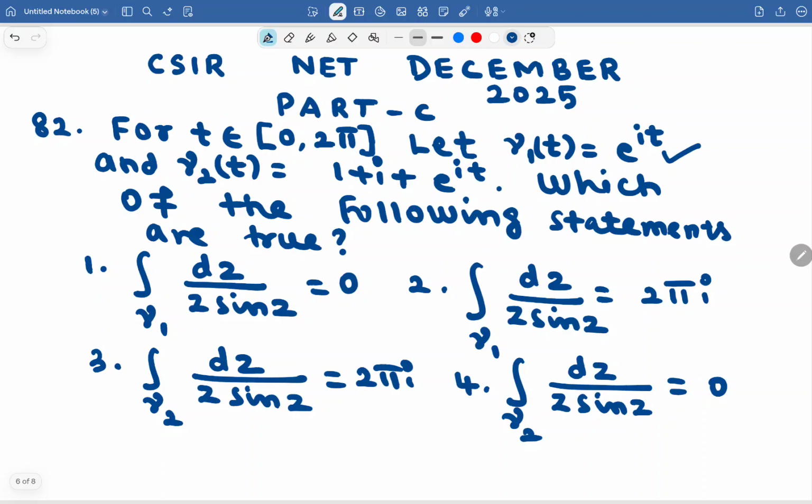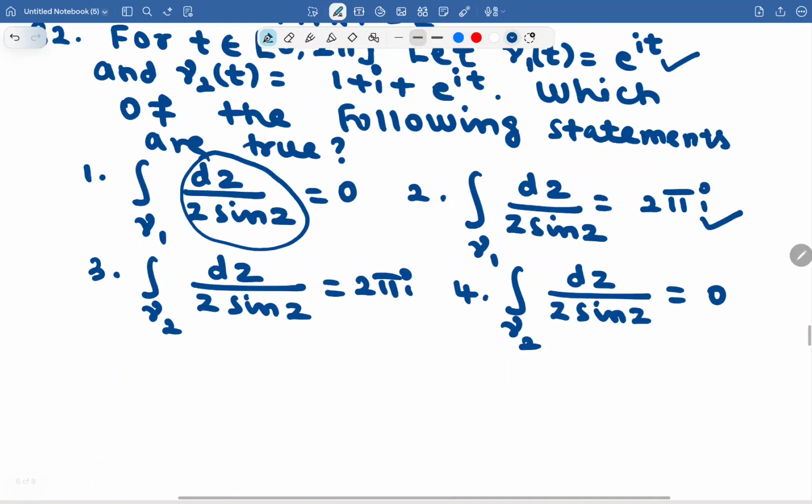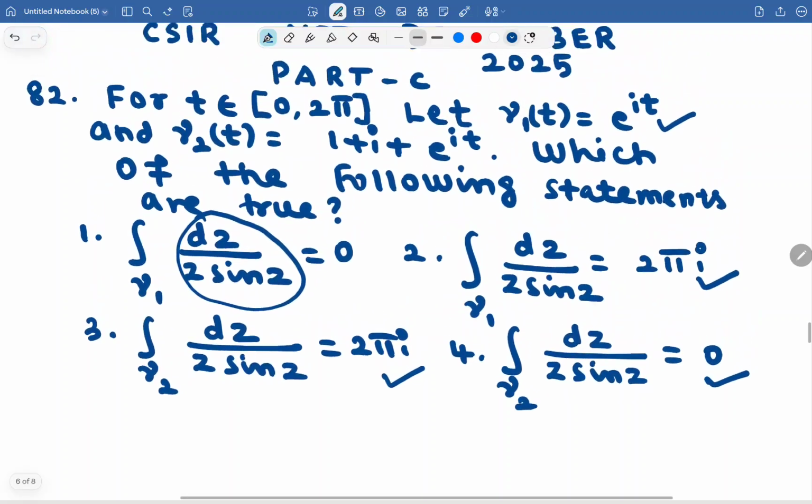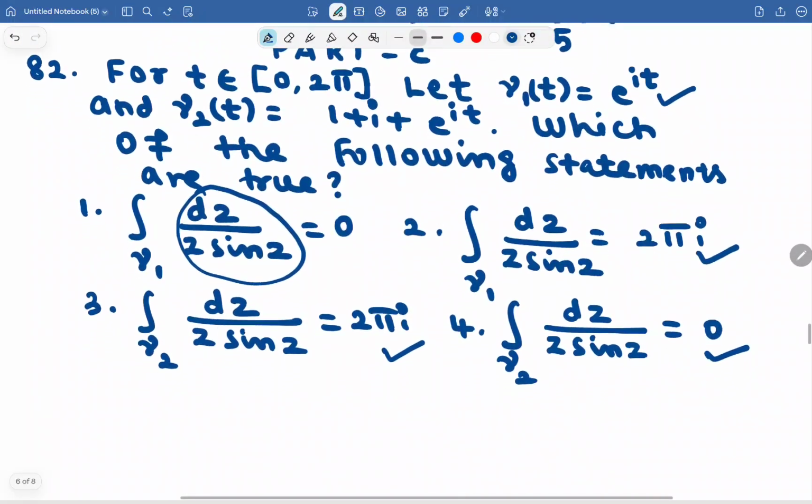For the first option, over γ1, the integral of dz/(z sin z) is 0. Over γ1, the integral of dz/(z sin z) is 2πi, which is the second option. Third one, over γ2, the integral of dz/(z sin z) is 2πi. Last one, the integral value must be 0. Since the problem is from part C, more than one option is the correct option.